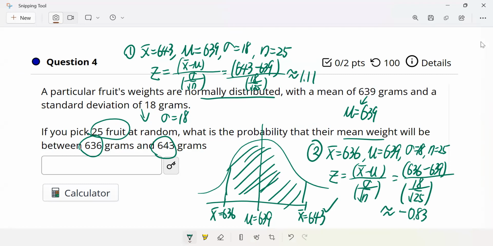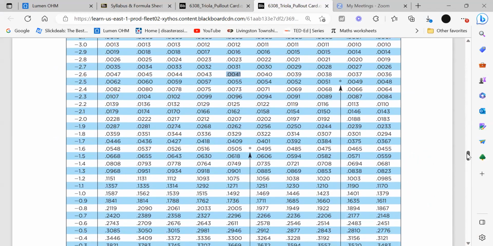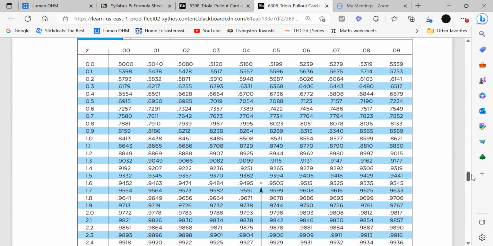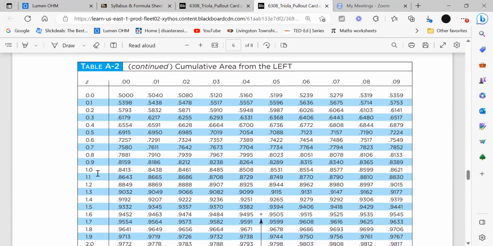Now, basically, we look up the probability for the bigger z-score first. 1.11 from table A2, second page, 1.11. And the probability is 0.8665.